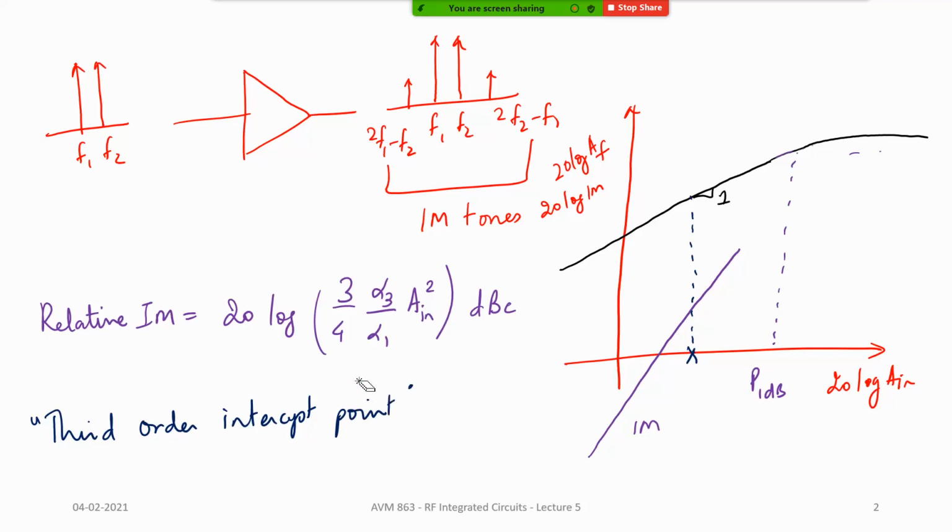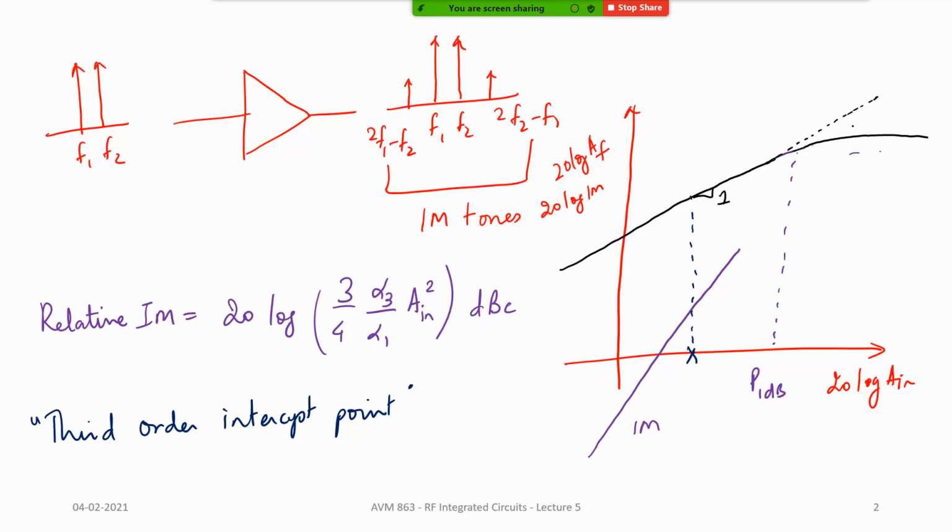So the concept is like this. If you take this fundamental tone and keep extrapolating it, we know that the gain of the amplitude of the fundamental tone is starting to saturate.